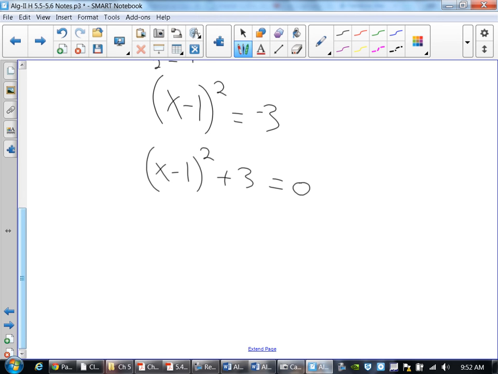Seriously. I'm sorry. Did they at least give you ollies? Anyway, so when you do this, you get x equals 1 plus or minus i root 3. Yeah. It is not very scary.